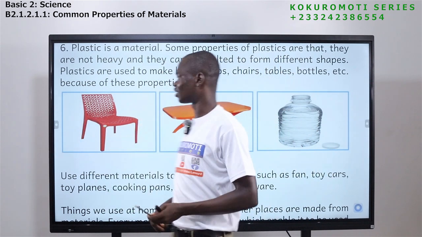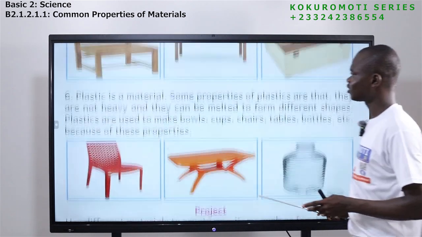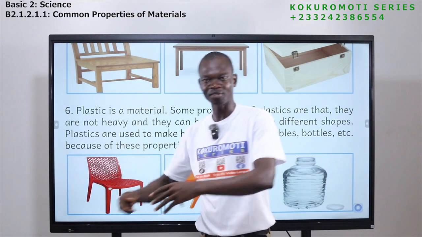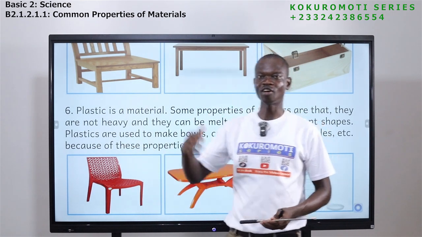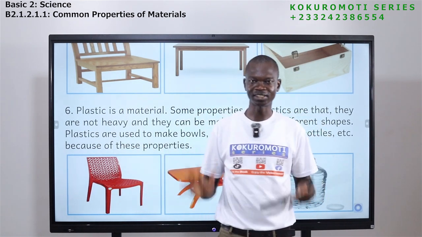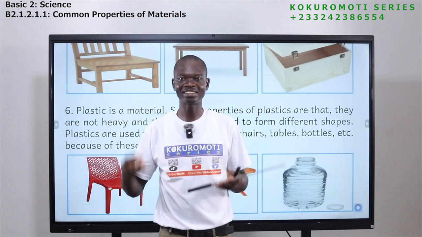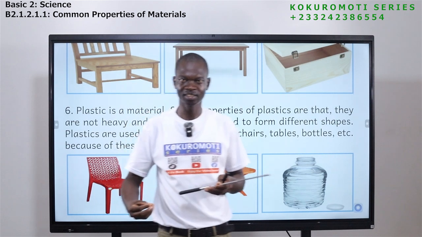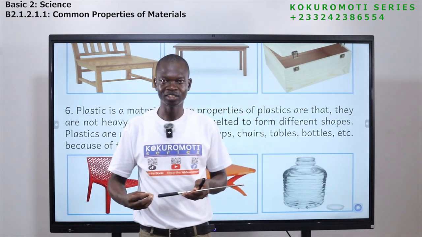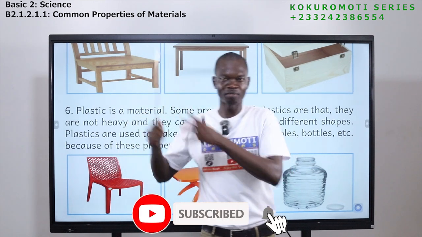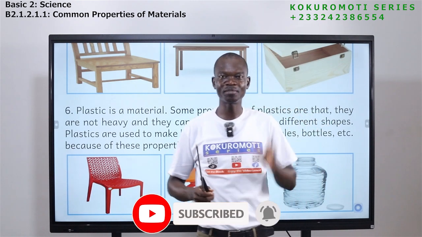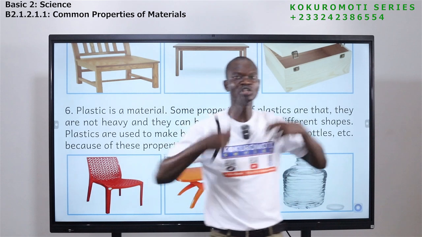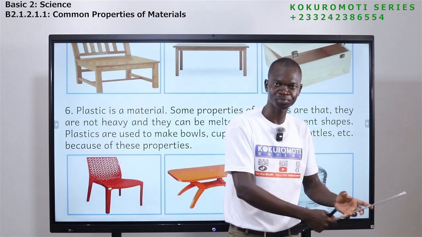Are you following? Okay, so today we have seen that materials are used to make items and products that we see around, and all the materials have their unique properties. The properties are the things that make the materials special, unique, that make the materials so different from others, and it determines what that material is good for, the kind of work that we should use that material to do.